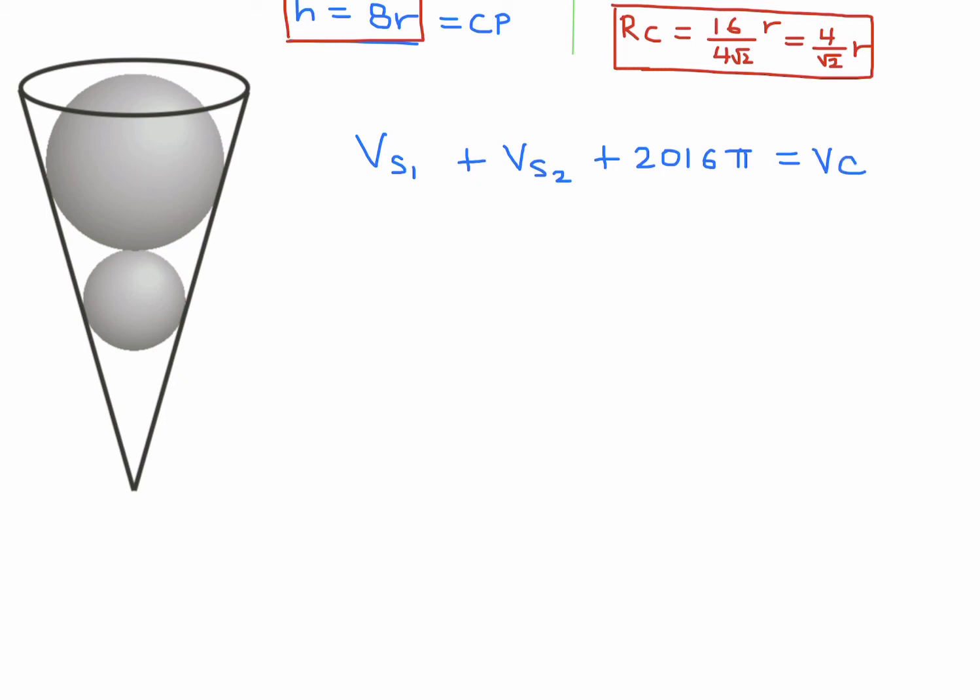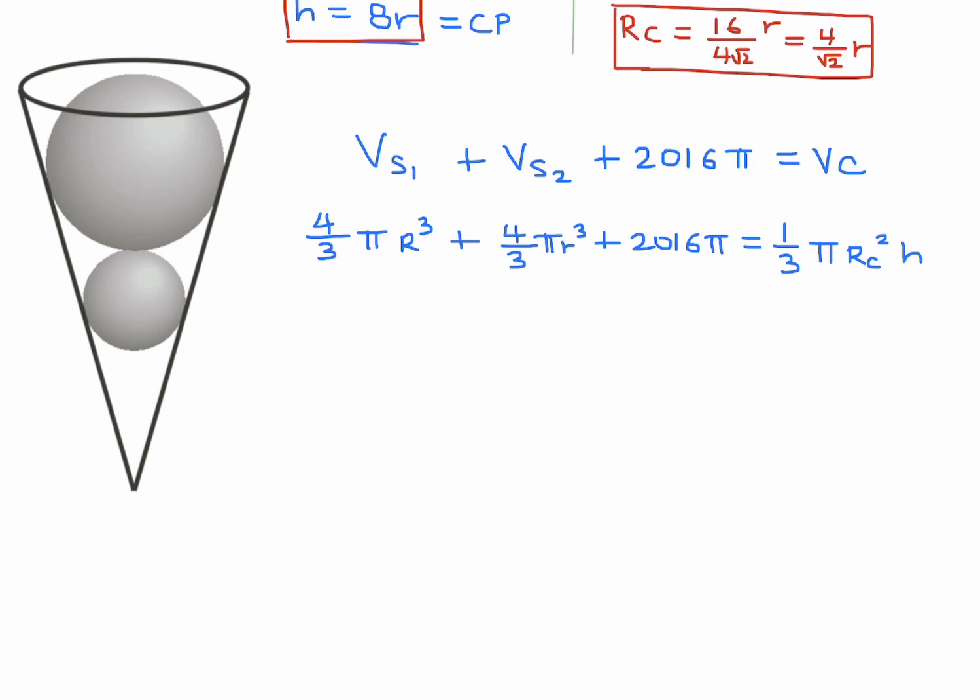Now, they are very helpful by giving us some formulas. The first volume is 4/3 pi R cubed plus 4/3 pi small r cubed, and then just 216 pi, and then the volume of a cone is 1/3 pi radius of the cone squared times the height.